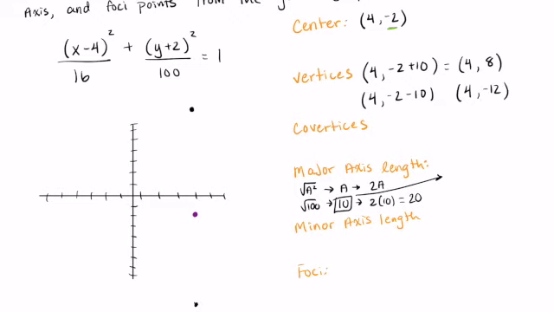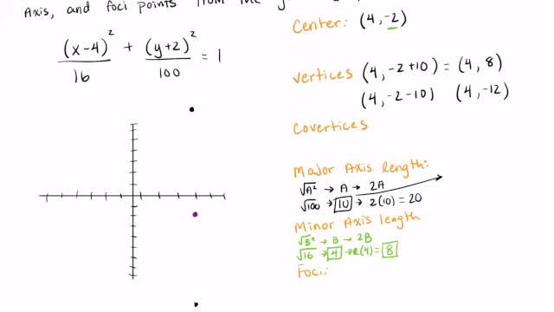Easy. Next, I want to find my minor axis. My minor axis is going to be the square root of b squared, which gives me b, and then we're going to do 2 times b. So the square root of 16 gives me 4. 2 times 4 gives me 8. So there's the length of my minor axis.